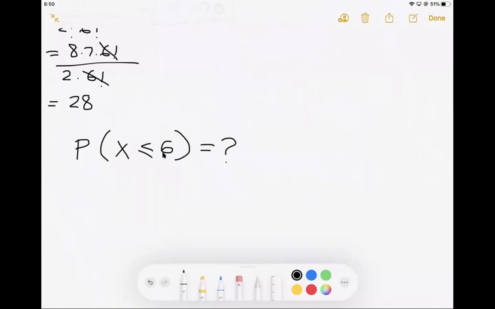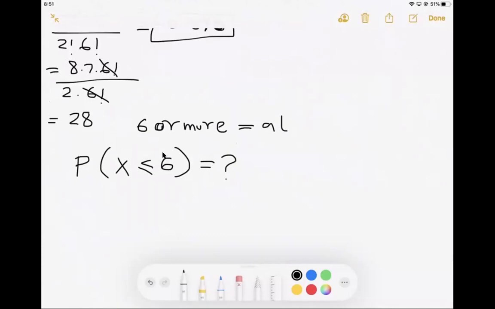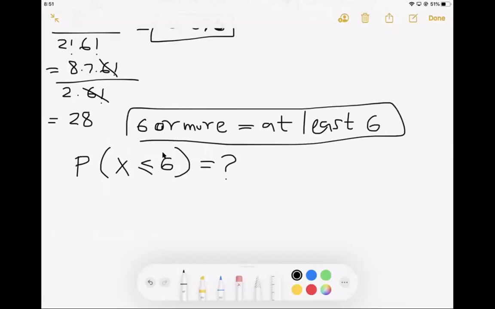At least 6 means 6 or more. So that's why I wrote X should be greater than or equal to 6.